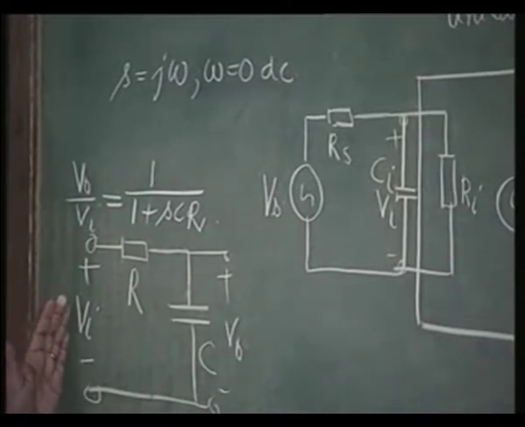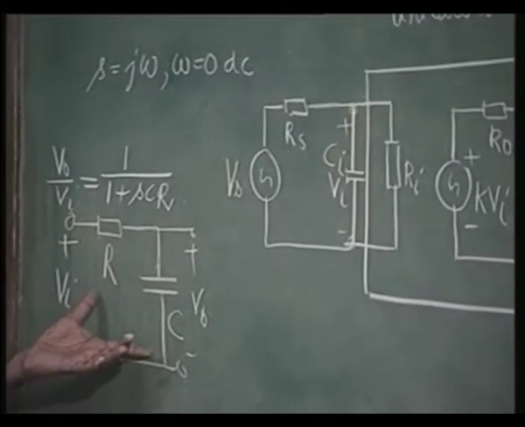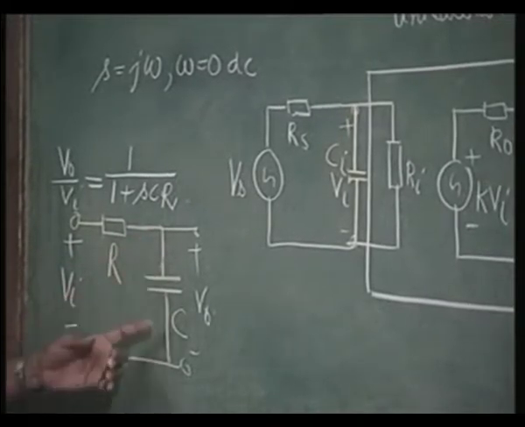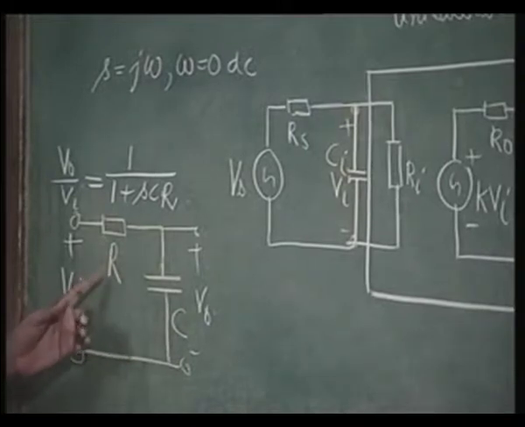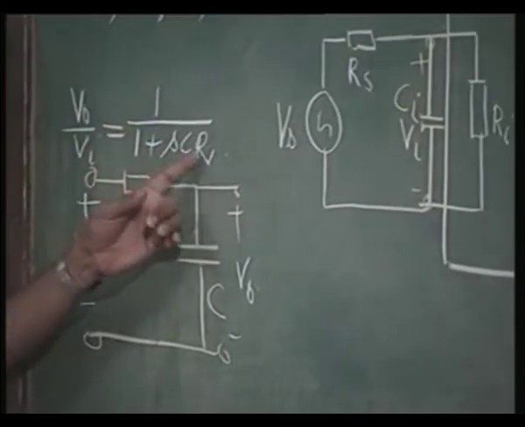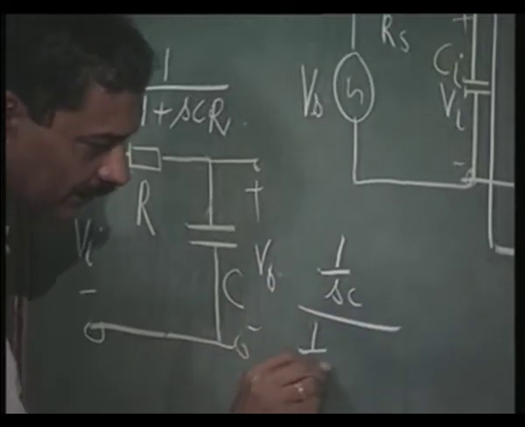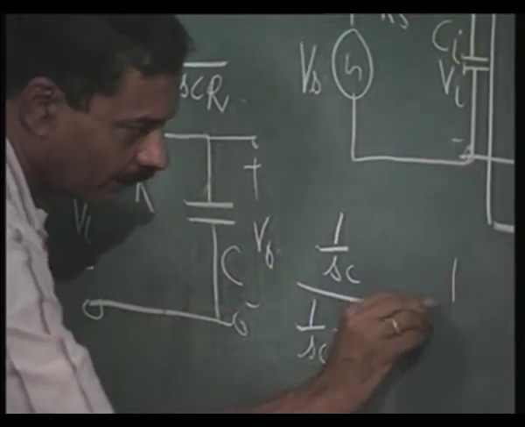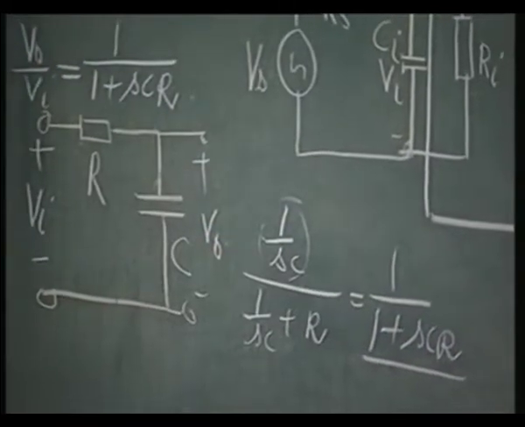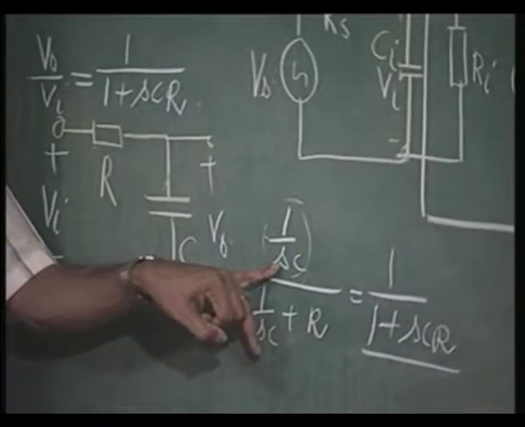So, this is the low frequency response. At high frequencies, obviously the capacitive reactance comes into the picture. 1 over j omega C, or 1 over SC, divided by R plus 1 over SC is what this is, which is written as 1 by 1 plus SCR. So, basically it is 1 over SC divided by 1 over SC plus R, which is written as 1 by 1 plus SCR. This is the impedance of the capacitor. For obtaining the frequency response, you have to put S equal to j omega.